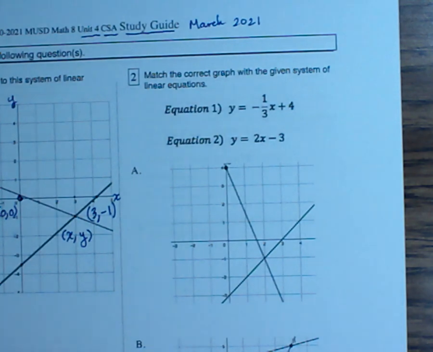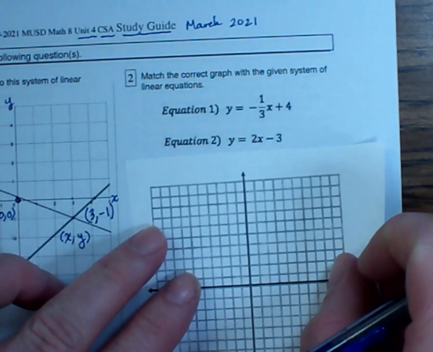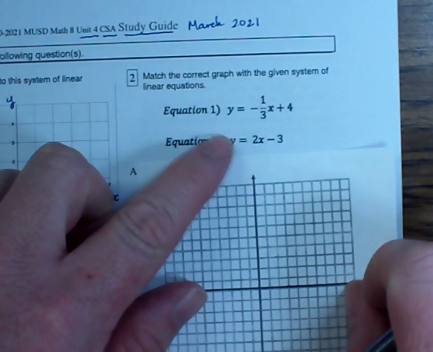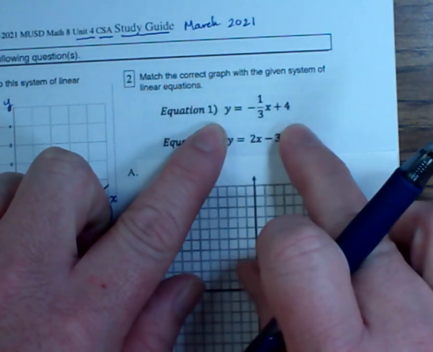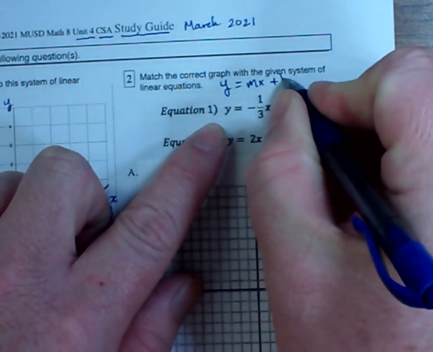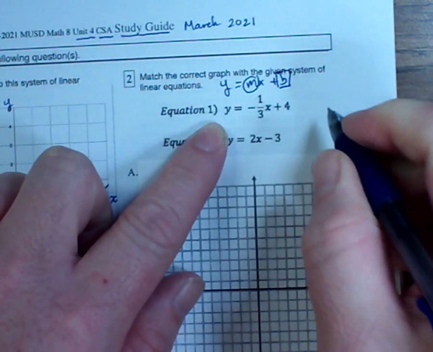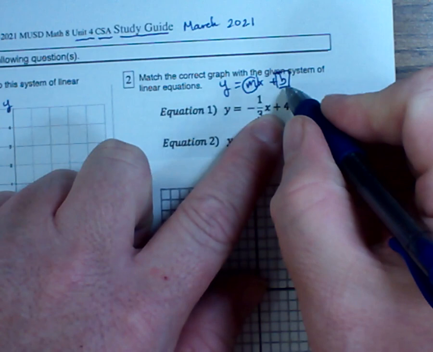And you can do that with sketching it on a separate piece of paper to begin with. So there are several things you know about this line. We use y equals mx plus b for graphing, where we know m is the slope and b is the y-intercept. Where the graph starts.